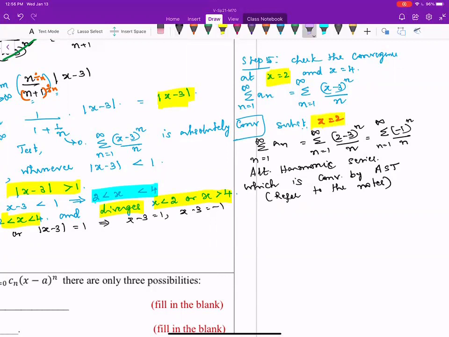Now we have to see what happens at x equal to 4. So now you substitute x equal to 4 into the series.